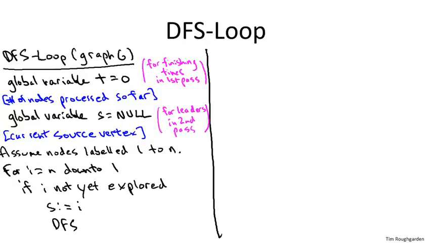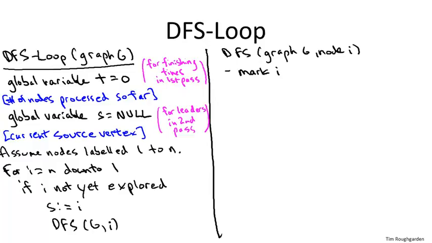So for completeness, let me just remind you what the depth first search subroutine looks like. So now we're given a graph and a starting node. So the first time we see a node, we mark it as explored. And just a side note that once a node is marked explored, it's explored for this entire invocation of DFS loop.